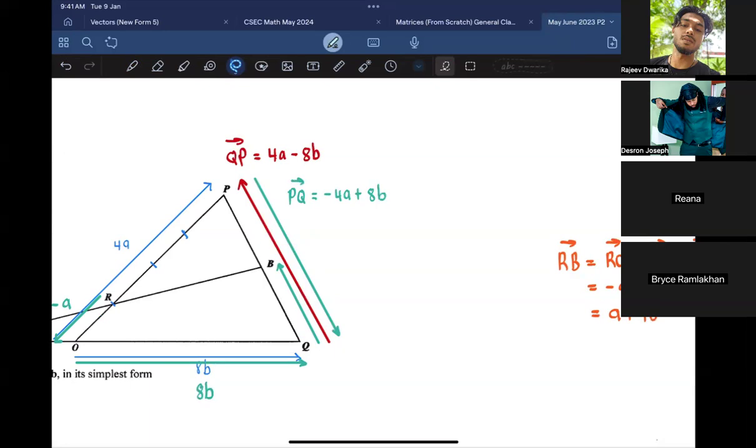So then I would say that Q to B is equal to a half of Q to P, which would be equal to a half of 4A minus 8B. And that's how we get the 2A minus the 4B.